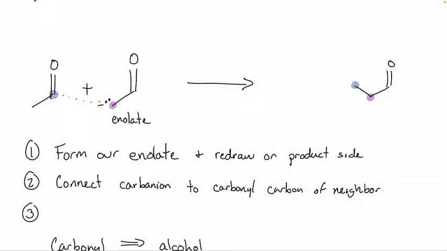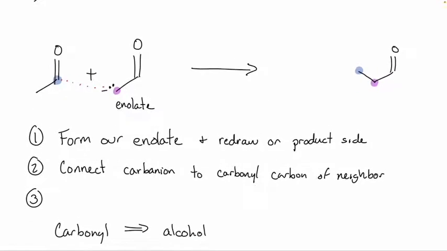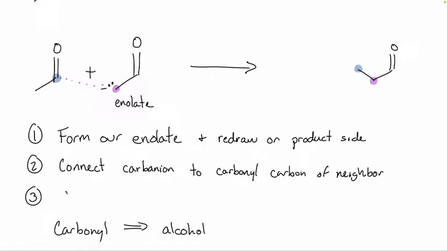Oh, I ran out of room, I get it. So in this case, I'm going to make sure to draw this additional carbon, and then my carbonyl group is converted to an alcohol.